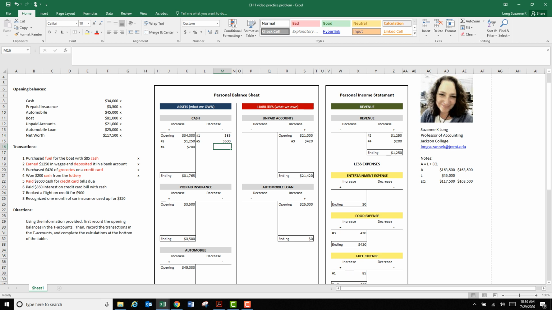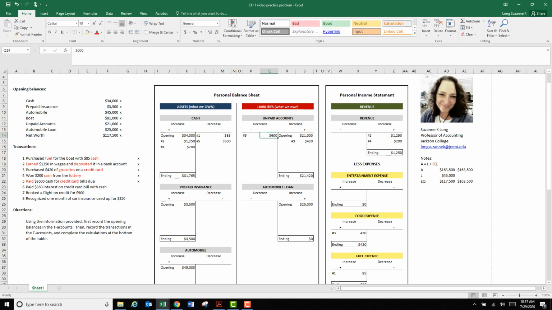So we come over here to unpaid accounts, and this is where we're increasing, over here, sorry. This is where we're increasing how much we owe. This is where we're decreasing. So this is where the 3,600 goes. And it happens to look kind of goofy because they're right next door to each other. Number 5, here's the left, here's the right, and what do you think about that one?